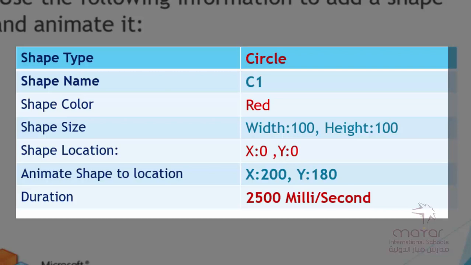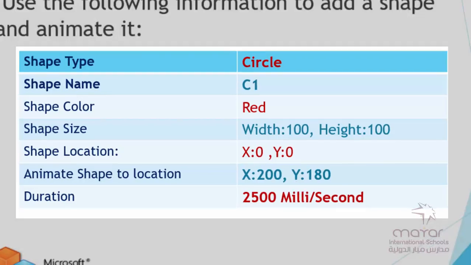Shape location, x0 and y0. I want you to remember that by default, when you draw the shape, it will come in this location. Animate shape to location x200 and y180. This location is the ending location where I want to animate the shape. Duration is specifying the speed, and we have 2500 milliseconds.